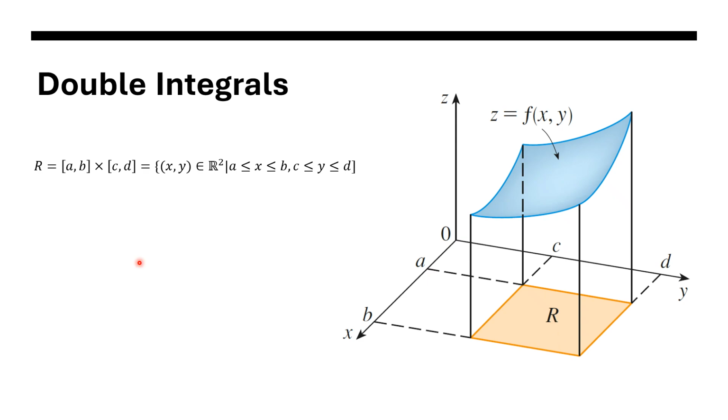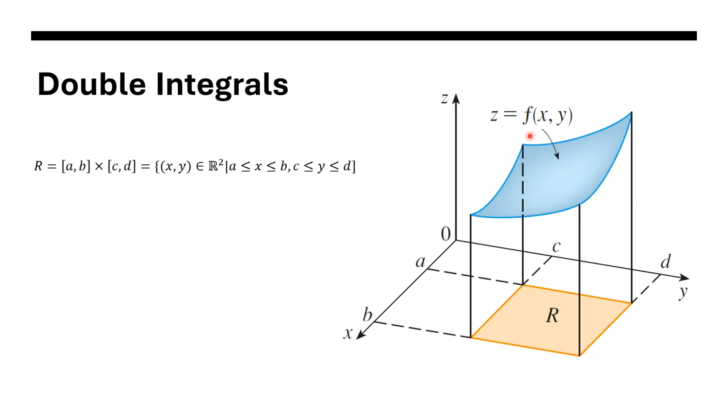Now we first suppose that the function f of x, y is positive, meaning it's greater than or equal to 0. So the graph of the function is the surface with the equation z equals f of x, y.